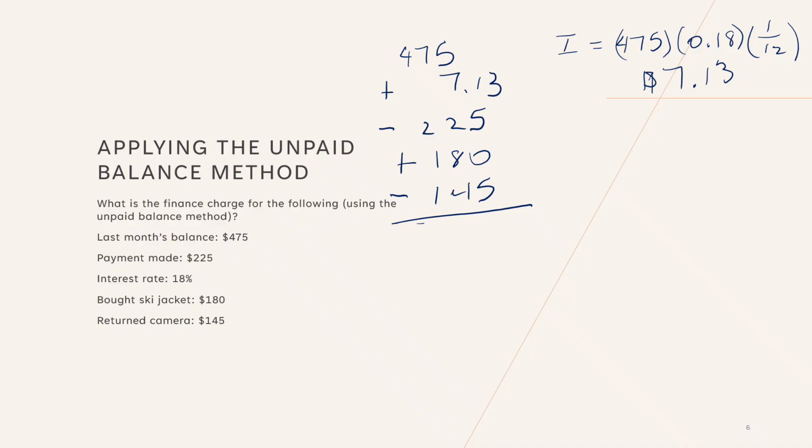So we take our 475 and add the $7.13, that's the finance charge from the previous month. We subtract our payment, add the purchase, and subtract the return. And that gives us a new ending balance of $292.13.